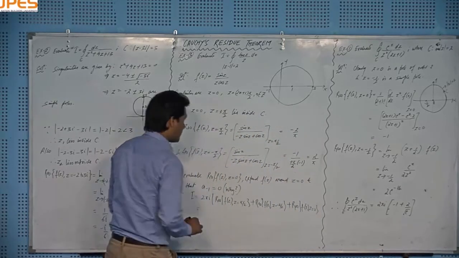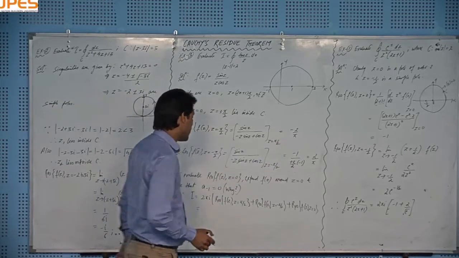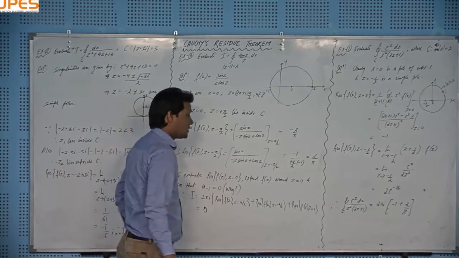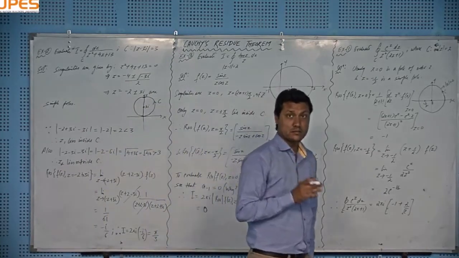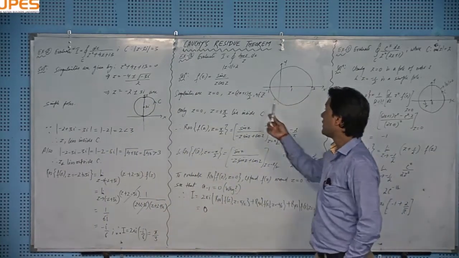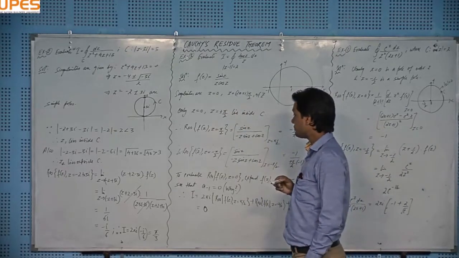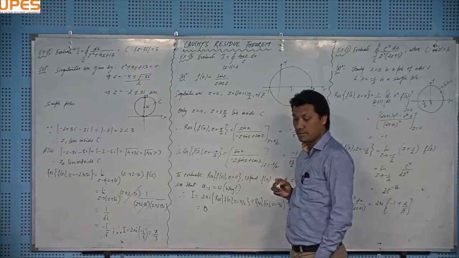So if you add these, the answer will be 0, I think, right? This is the answer. So just keep in mind not to declare that all of these values are poles, right?